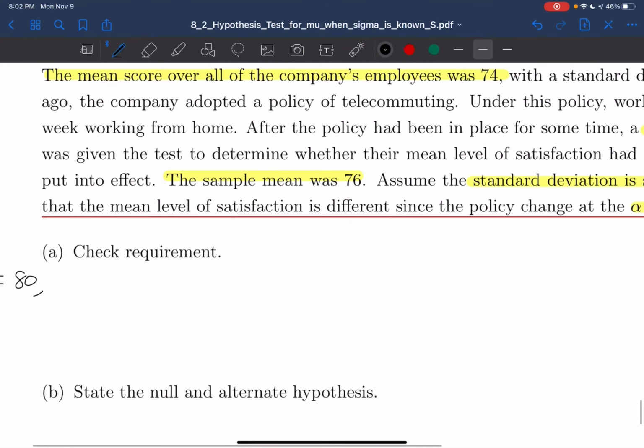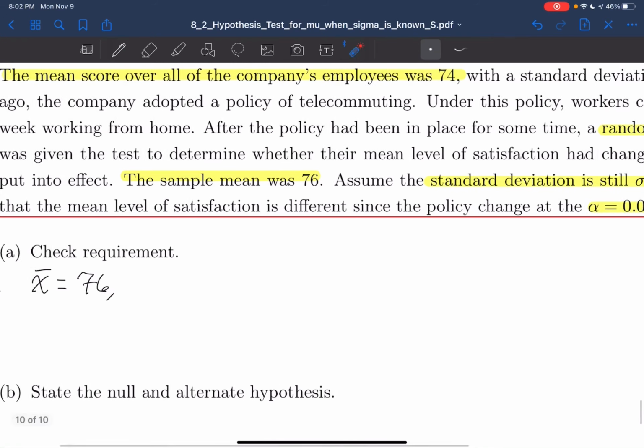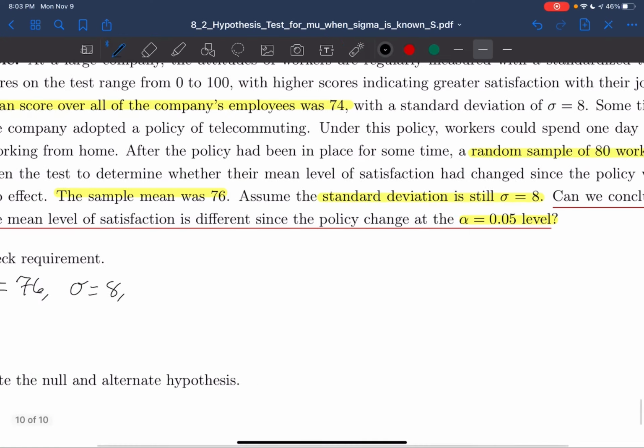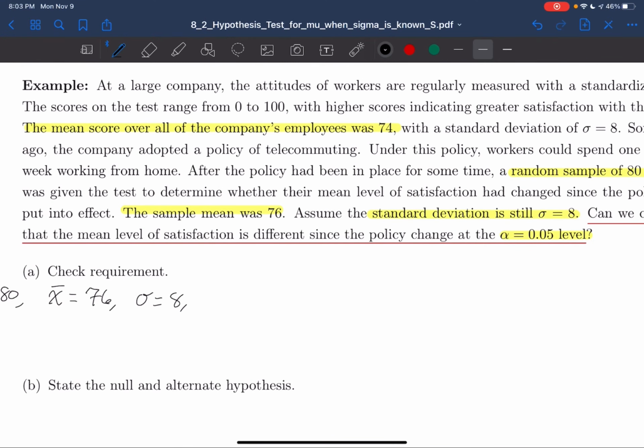So here, x bar is going to be 76. And then we have a standard deviation of 8. So here, sigma is equal to 8. And we're dealing with a significance level of 0.05. So alpha here is equal to 0.05.